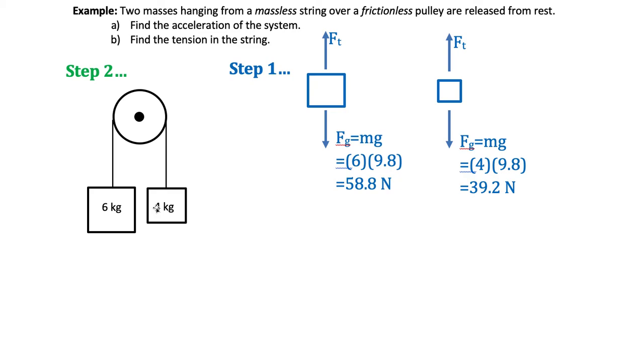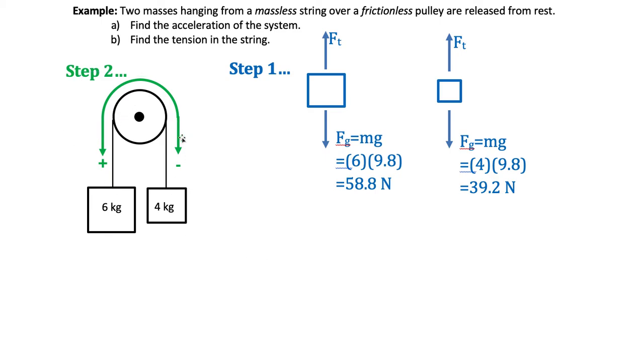They're not directly over top of each other. They're offset. And actually, if I let this go long enough, this mass is going to shoot up, bend around the pulley and then come down on the other side. So the direction this guy can move in is up, down, or bending over the pulley and then coming the other way. So I'm going to draw an axis of motion that represents that.